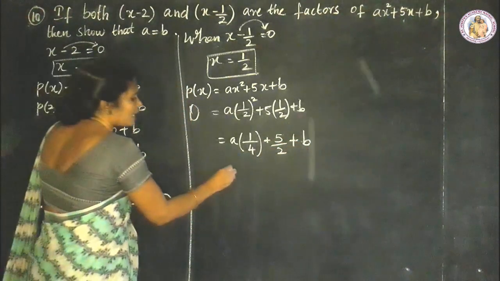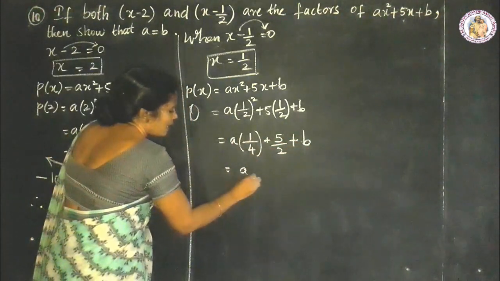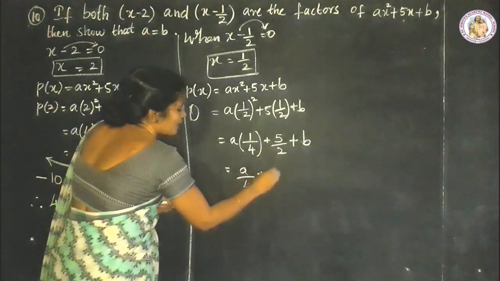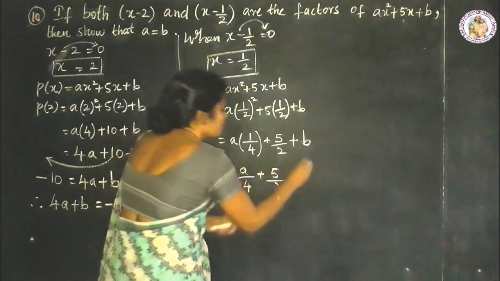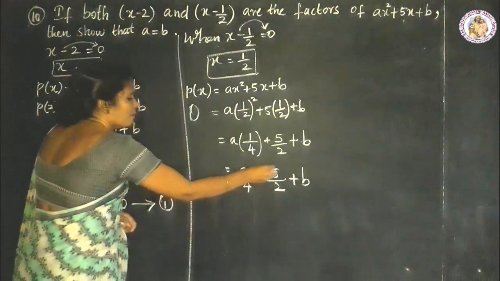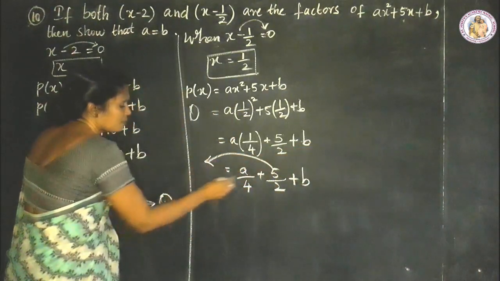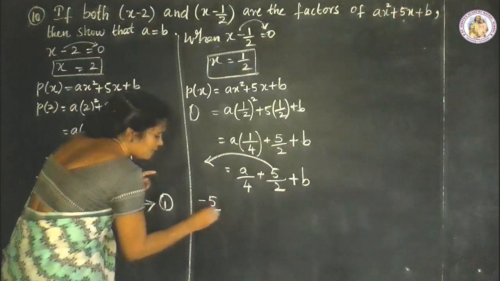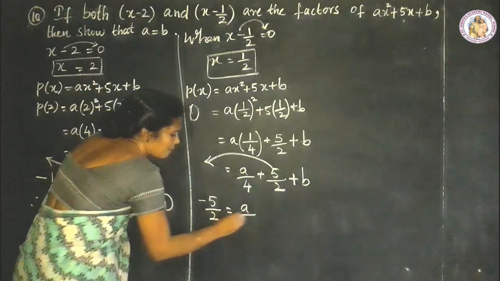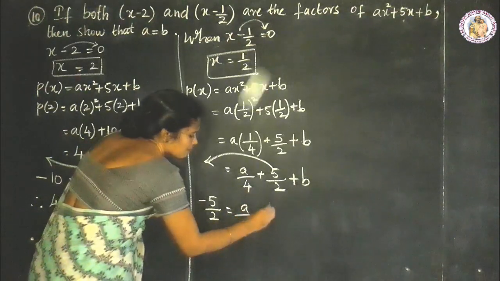Now again, a into 1 a by 4 plus 5 by 2 plus b. Now take minus 5 plus 5 by 2 to the left side, so that it will become minus 5 by 2 is equal to a by 4 plus b.